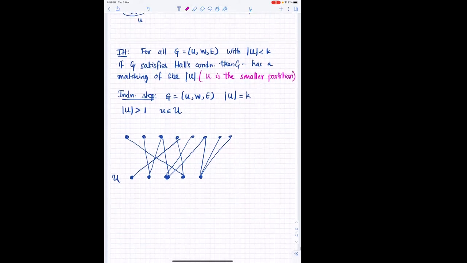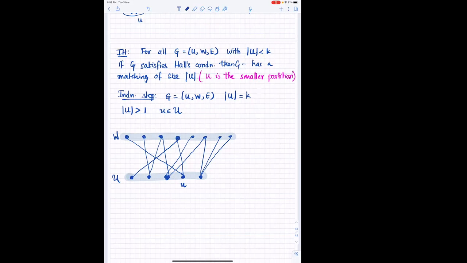Okay, so this is the graph. You have U on one side, you have W on the other side, and then you have some additional edges. And U is the smaller partition. And because the size is greater than 1, you definitely know that there is one vertex here, u. And this also has a neighbor, right? You know that G satisfies Hall's condition.